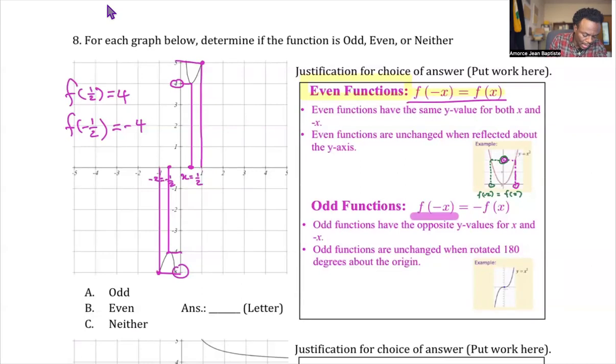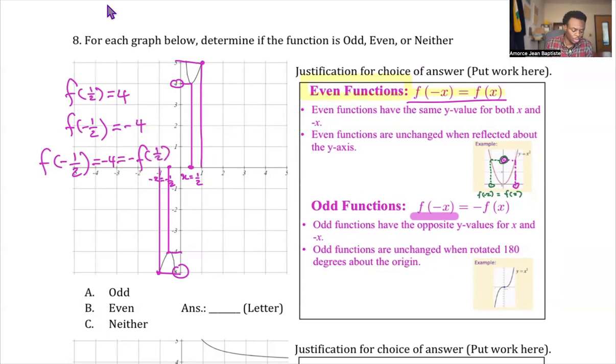So basically, I found f of -1/2, which is -4, is the same as negative f of 1/2.